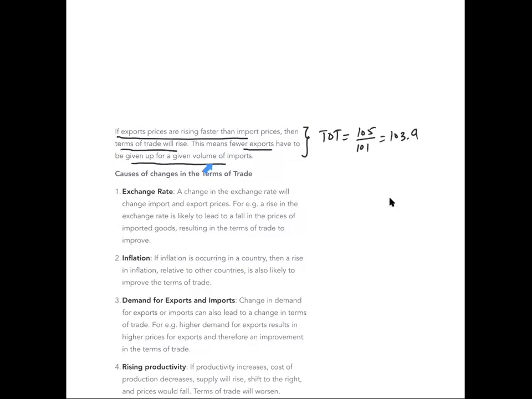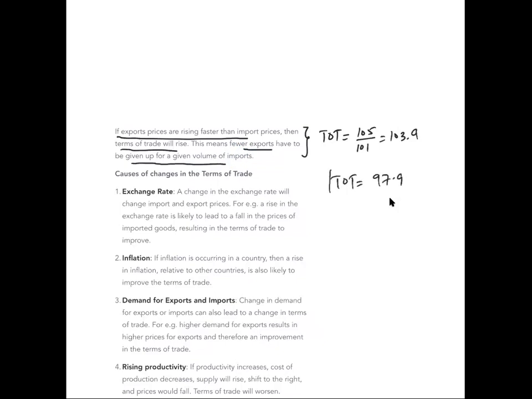So the idea goes this way: if your export prices are much better than import prices, then that country will have to give up fewer exports for any volume of imports. But what if your terms of trade was below 100, like 97.9?